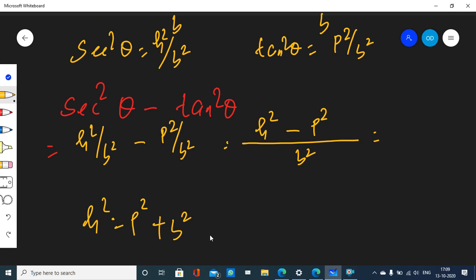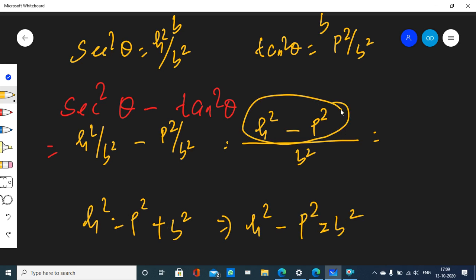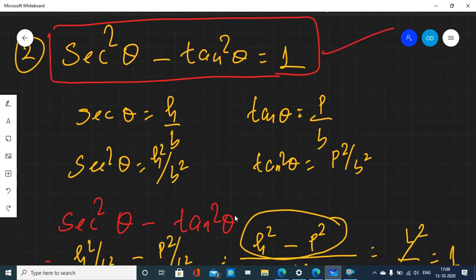H is hypotenuse, p is perpendicular, b is base. Then h square minus p square will be equal to b square, right? So this thing is equal to b square. B square by b square cancels, you get 1. So proved, right? Sec square theta minus tan square theta is equal to 1.